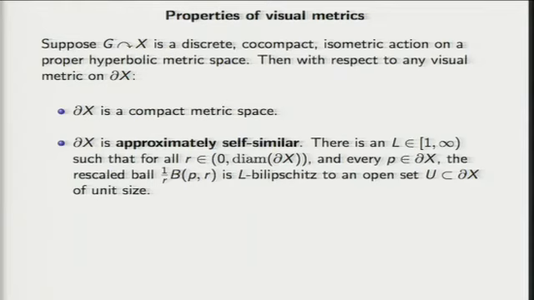But it does have a number of ramifications for the structure of the boundary. So one of them is that the measure is very nicely behaved. The measure has a property called Ahlfors regularity.